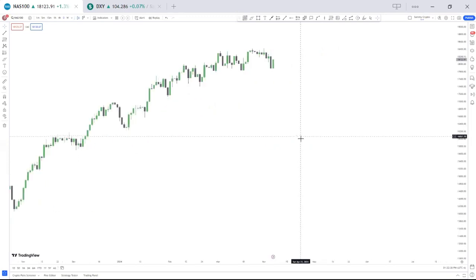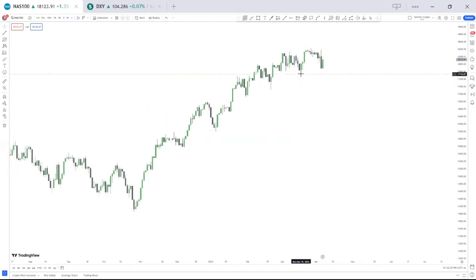Now, looking at the daily time frame, there's nothing actually. This is the tip I want you guys to know: you don't use the daily time frame for a daily bias. You use the daily time frame for a weekly bias. You use the weekly time frame for a monthly bias.